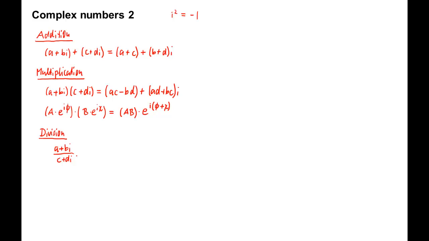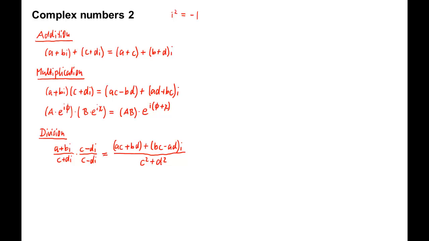The trick is to multiply numerator and denominator by c minus di, which then gives, after multiplying out, ac plus bd plus bc minus ad times i, all this divided by c squared plus d squared.